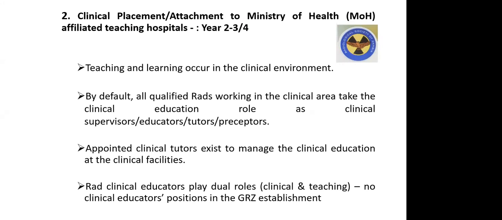Then when they get to year 2, year 3, or year 4, depending on the program, for those on 5 years, like Levy Mwanawasa, students will go for clinical practice from year 3. Some universities will start as early as year 2. Like Cancer Disease Hospital, students are exposed to clinical education in the first year they come. We call it year 2 because in the first year they are exempted. So in year 2, they start their clinical attachments.